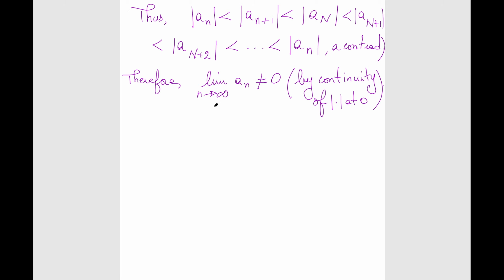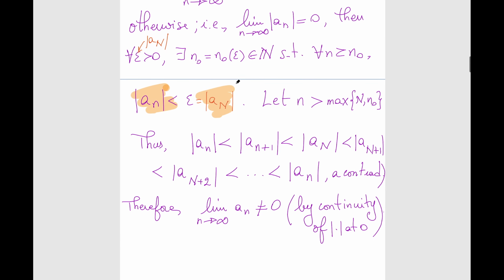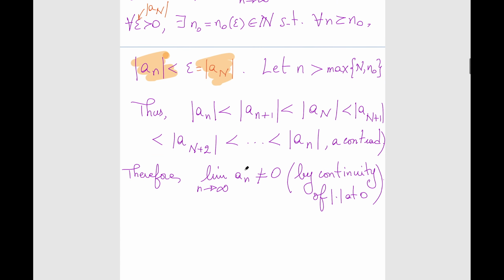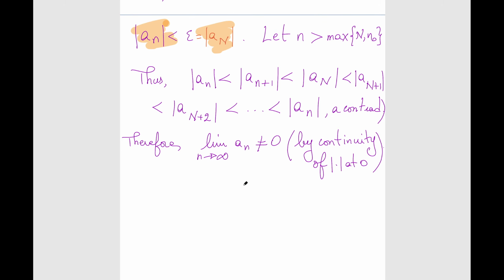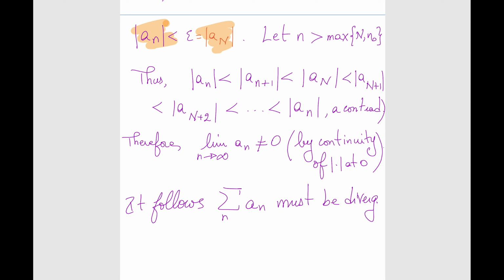So then, if you have a series, the series here is an, the series whose terms are an. If you have a series whose terms do not go to 0, what can you say about the series? It follows that the series must be divergent. Must be divergent by which test?